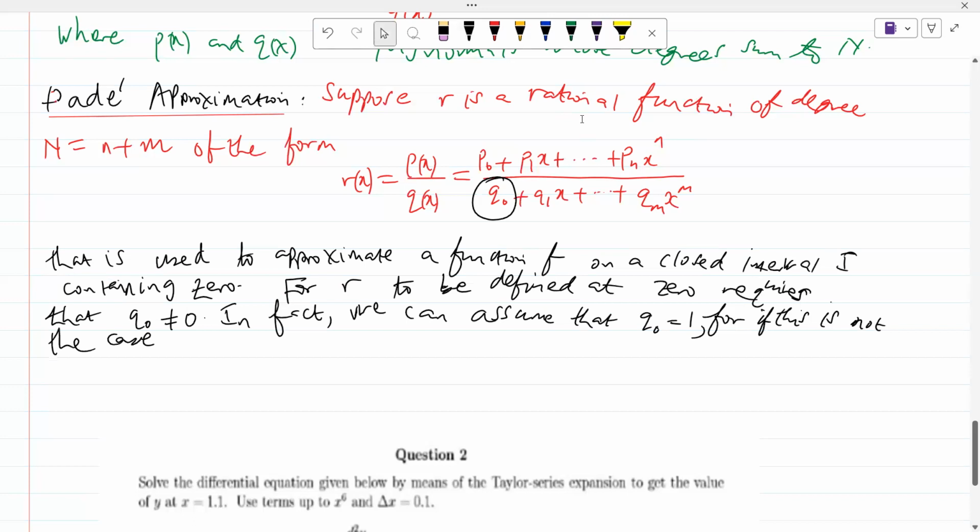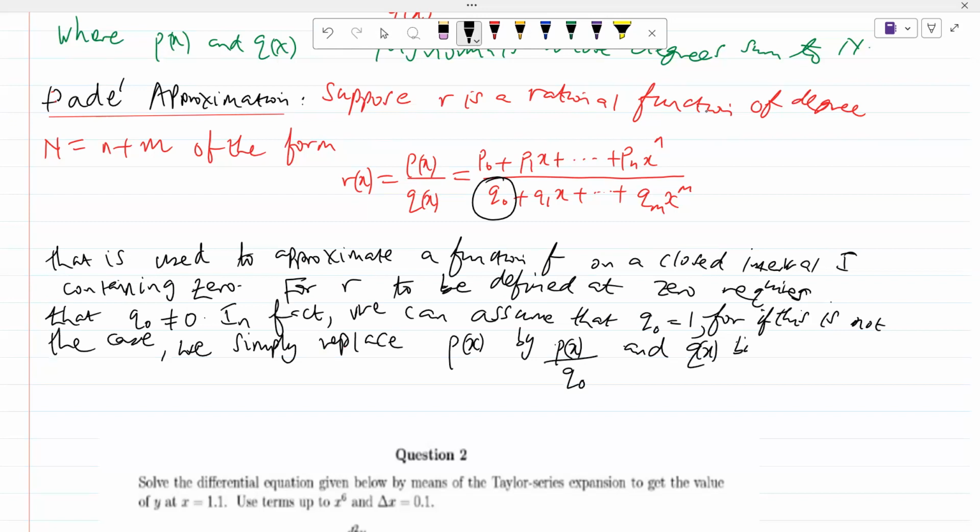If this is not the case, we simply replace P of x by P of x over Q naught, and Q of x by Q of x over Q naught.